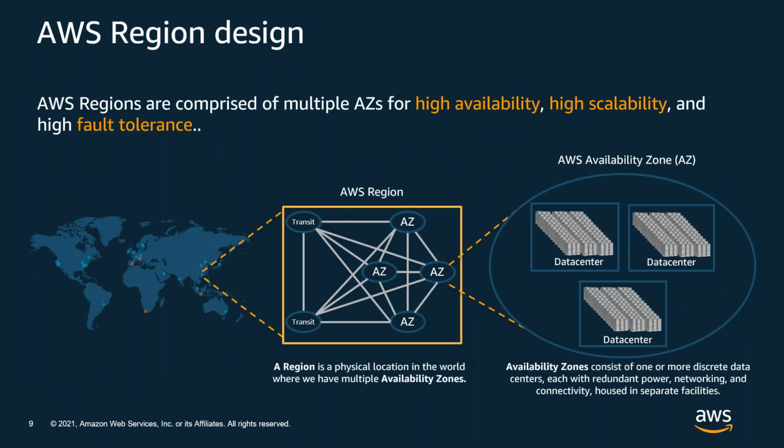But within these regions, we have these availability zones, and availability zones are nothing more than 1 or more discrete data centers, and think of them on different fault domains, right? So they have their own different power supplies, own network connectivity. They're on different power grids from one another, right? But they're still interconnected with high-speed data links and high-speed networking between them.